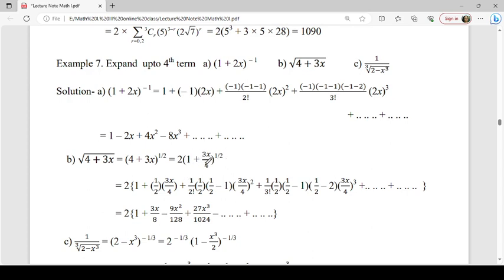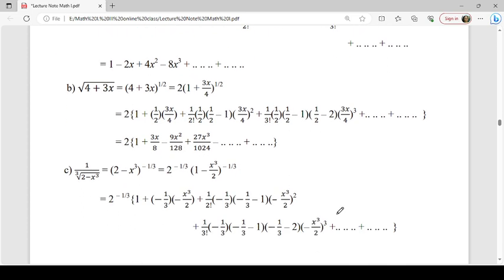Now n is half and x is thrice x by 4, so this 2, then 1 plus n is half, this is x, then 1 by 2 factorial, then n into n minus 1 into x, this whole square, then n into n minus 1 and n minus 2 divided by 3 factorial, this is (thrice x by 4) whole to the power 3. Now we simplify this, so 2 is here, there is 1, then thrice x by 8, minus, so this is minus half, so minus 1 by 4. So after simplification we get this one.